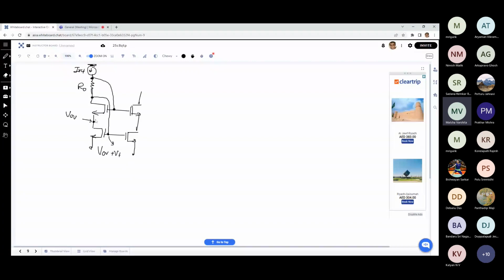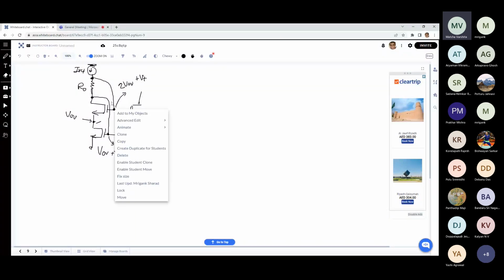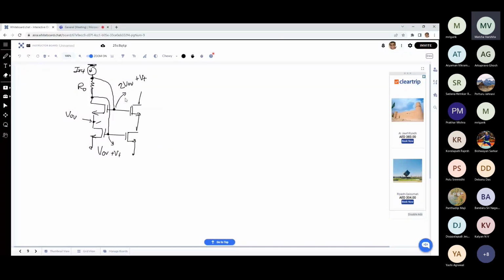Now, as compared to this one, suppose we are trying to push it to this one. What is the voltage here? This is our VS. So this VGS is nothing else but again V overdrive plus VT. So this will become 2V overdrive plus VT. Now this gate voltage is 2V overdrive plus VT, and therefore the minimum voltage that you can have over here is 2V overdrive.